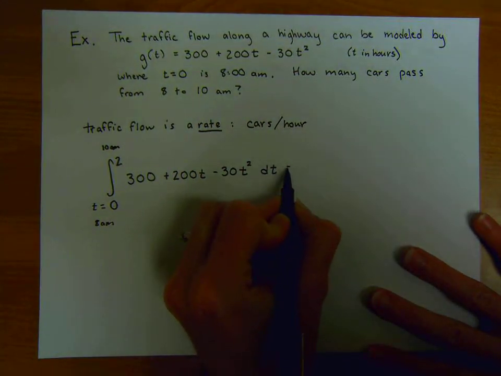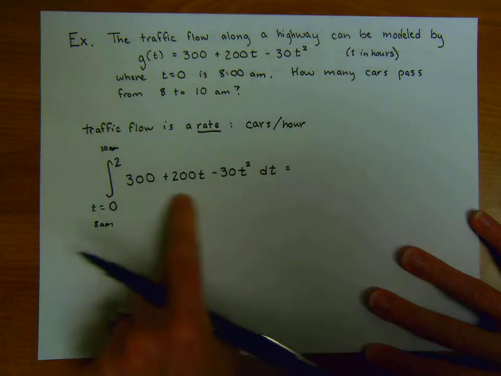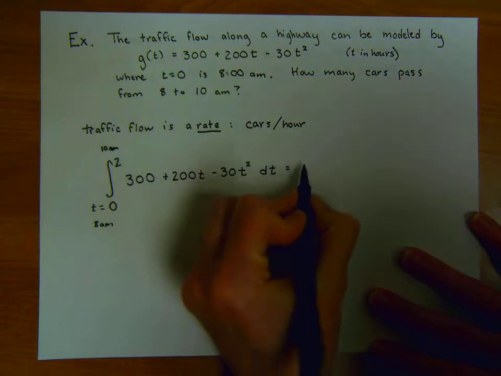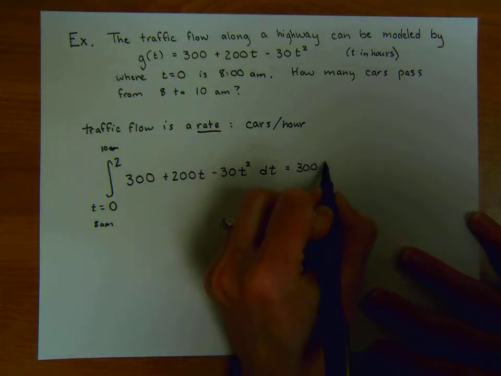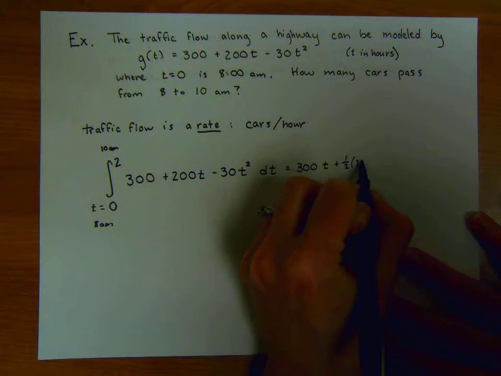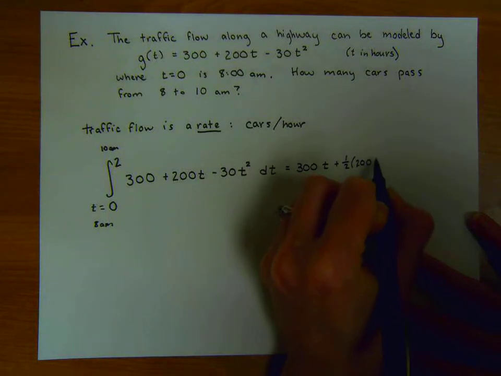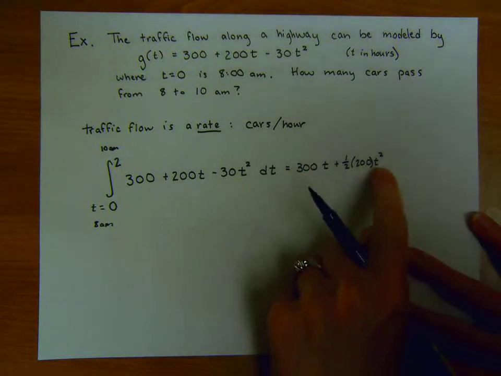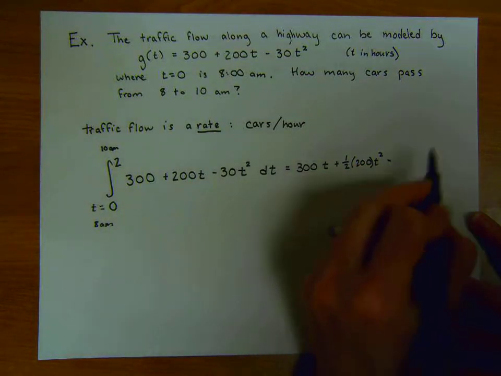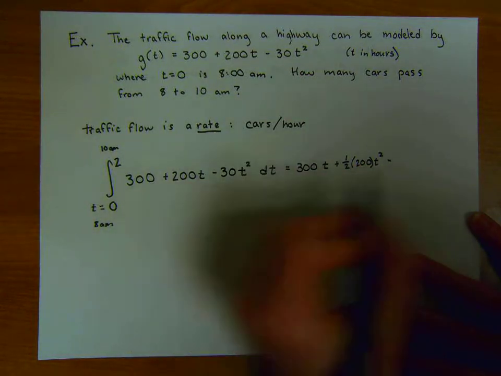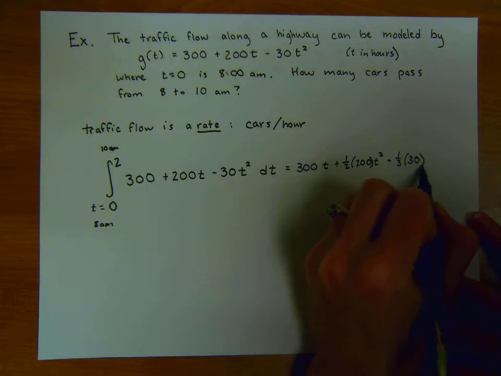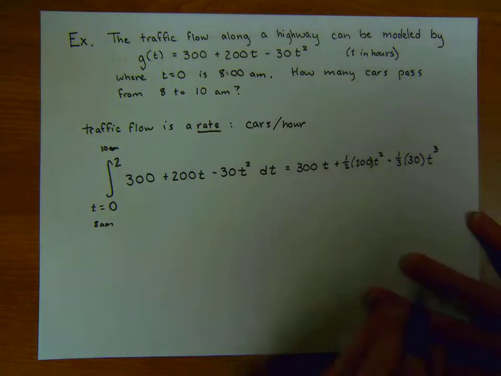So to integrate this, let's find an antiderivative of this rate function, which will be 300t plus 1/2 of 200t squared. I'm raising the exponent, dividing by 2, minus raising the exponent becomes a third times 30t cubed.